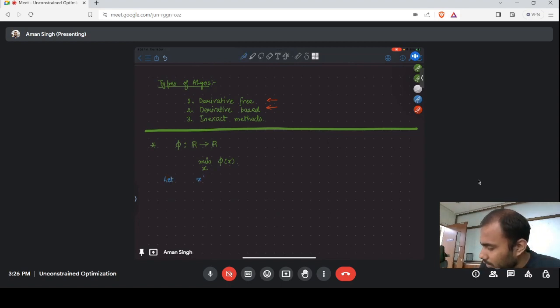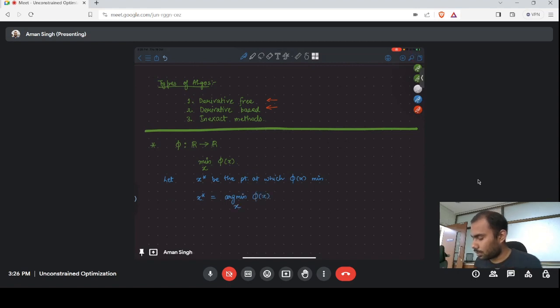Let x star be the point at which phi(x) is minimum. This can be written mathematically as argmin over x of phi(x). These are two equivalent statements. From now on we'll use this statement when we have to write the above statement.